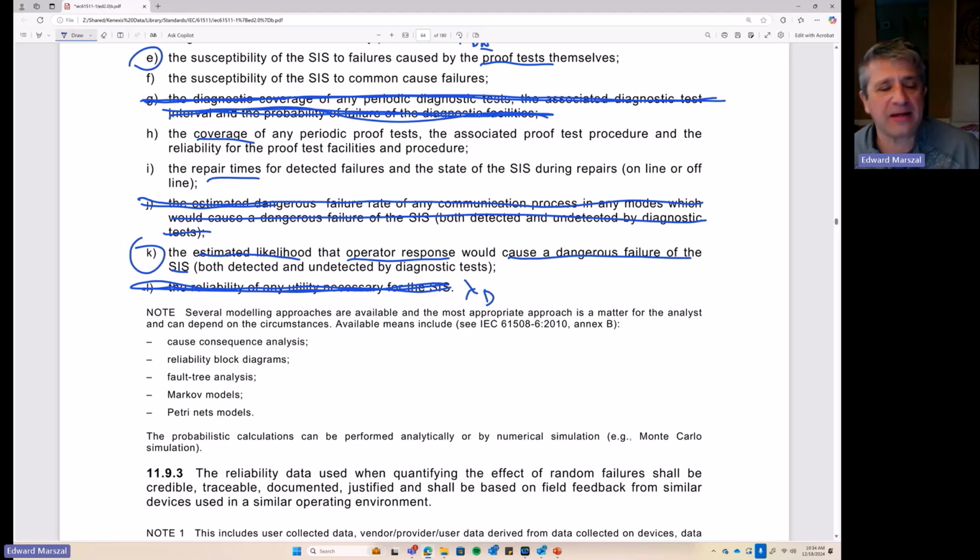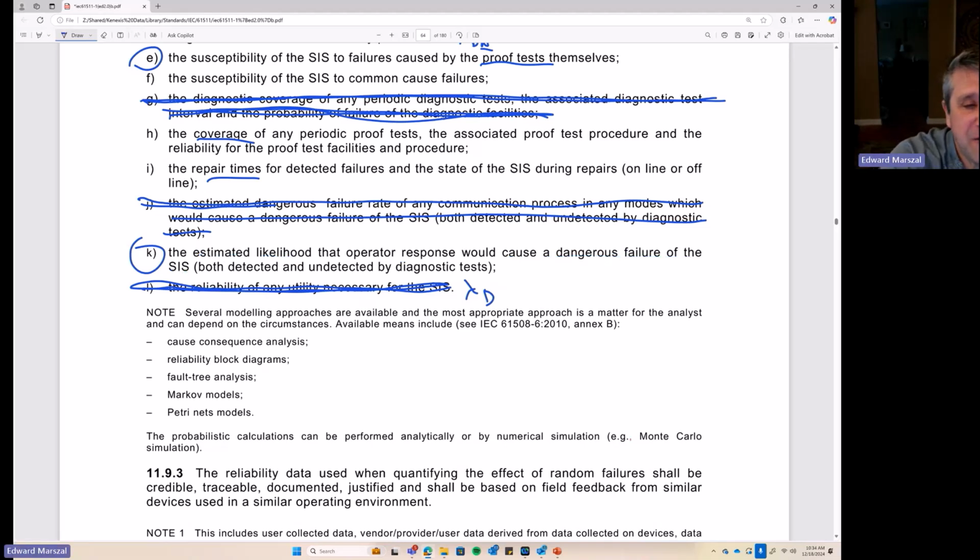So now I'm going to need to back up to a question of definitions. What is a safety instrumented function? All right, so I'm going to back up now to the definitions section, but just giving you a little bit of a preview.